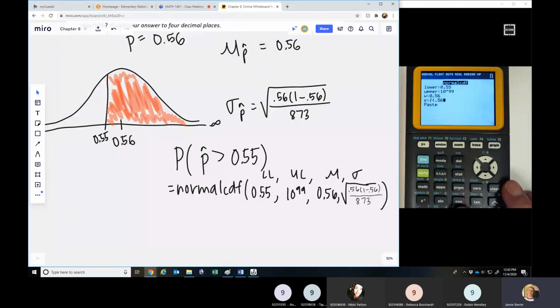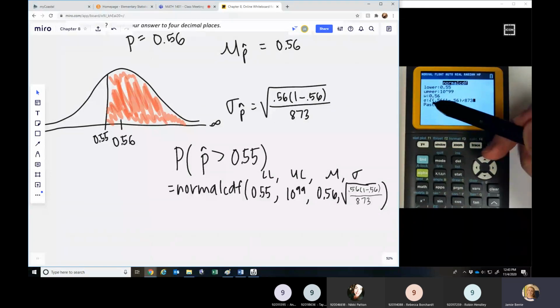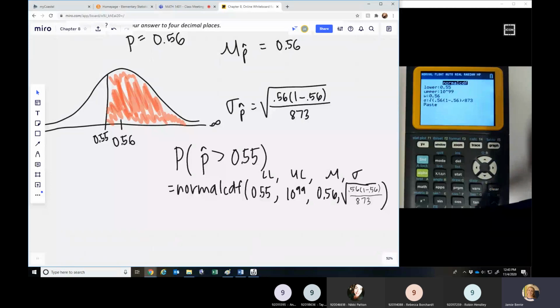So 0.56, then open parenthesis, 1 minus 0.56, close, divided by 873. And then you can see there's a big open parenthesis here at the front, so I'm going to close it down here at the back so the calculator knows this is everything in the square root.